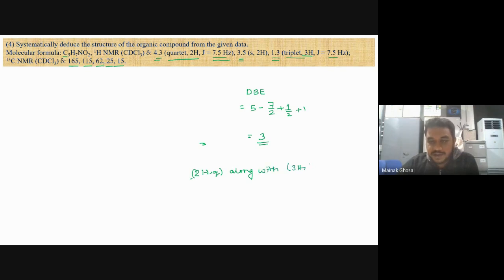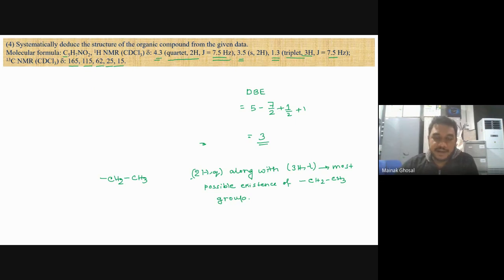2 hydrogen quartet along with 3 hydrogen triplet, the most possible existence of a CH2CH3 group. Now, you see here in your carbon there are 5 data, in your proton there are 3 data.